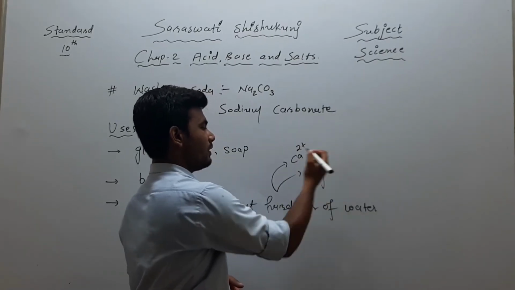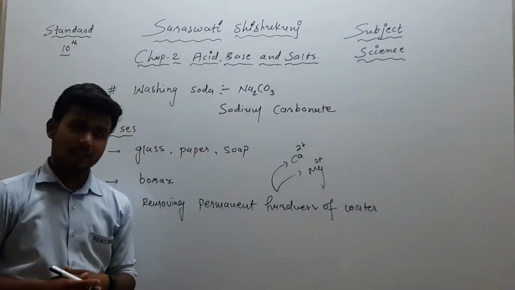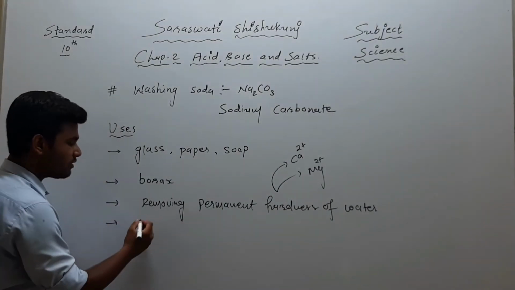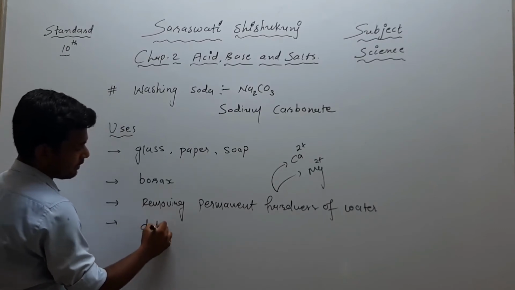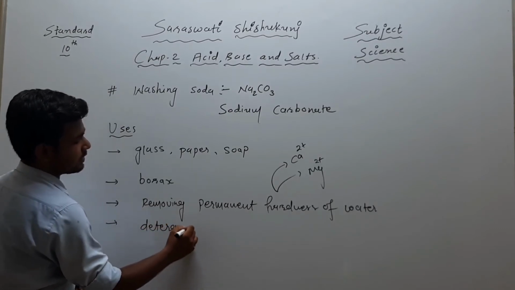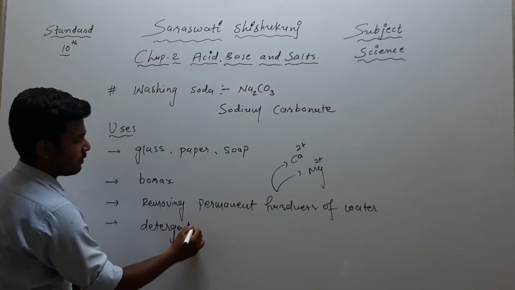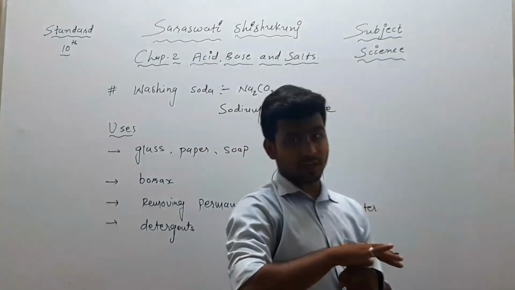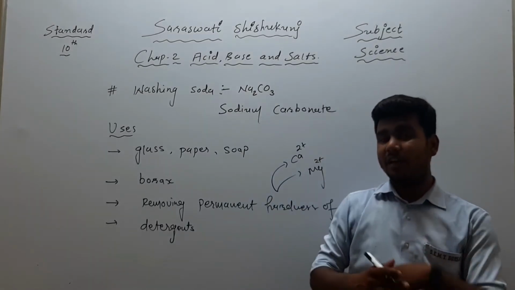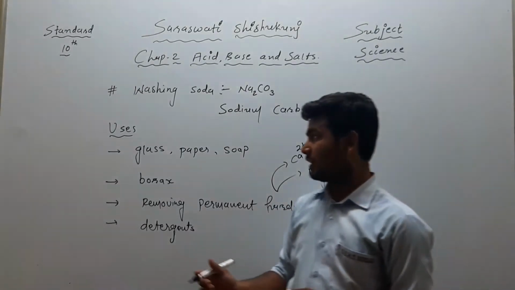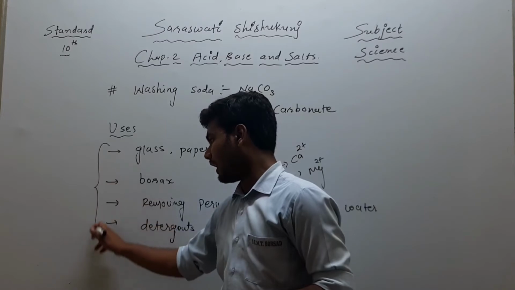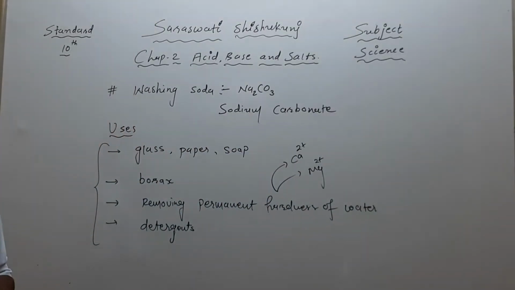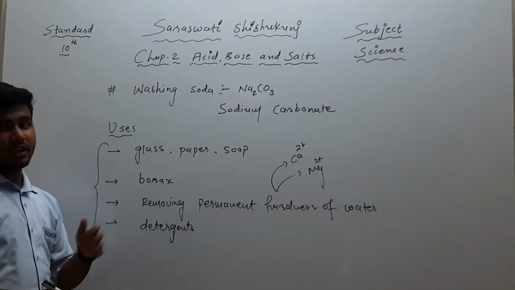But by adding washing soda, the permanent hardness of water is also removed, and it is also used in detergents. Now what is called a detergent? Detergents are substances which remove dirt from the surface without harming the surface, so that is called a detergent. So these are the uses of our washing soda, that is Na2CO3, sodium carbonate.